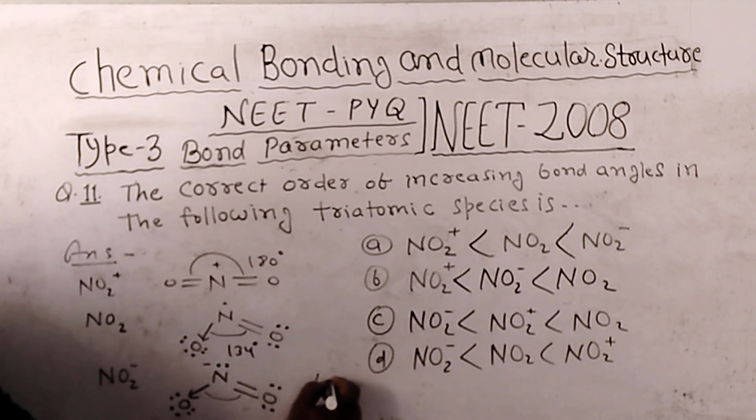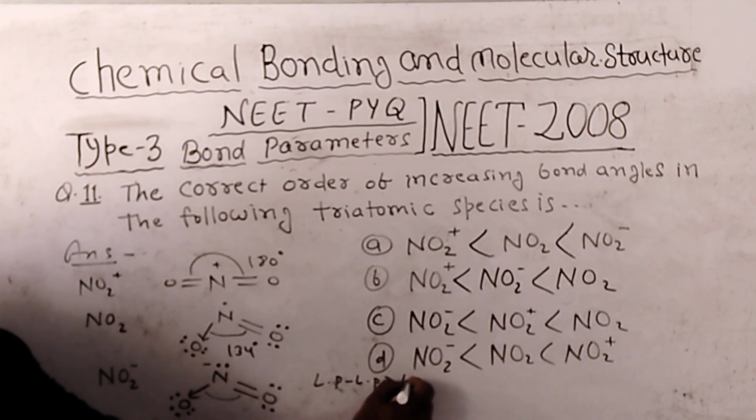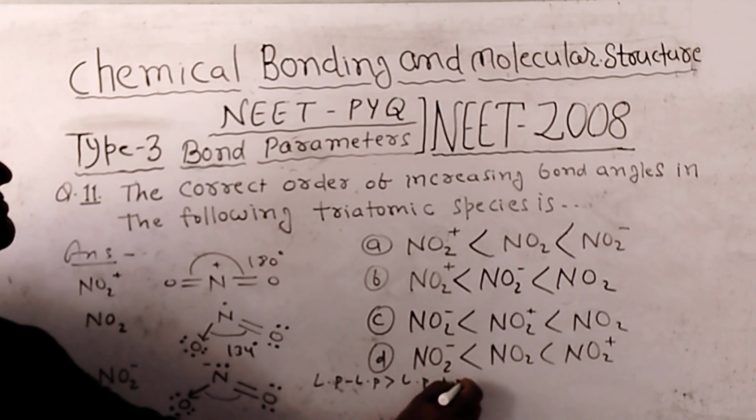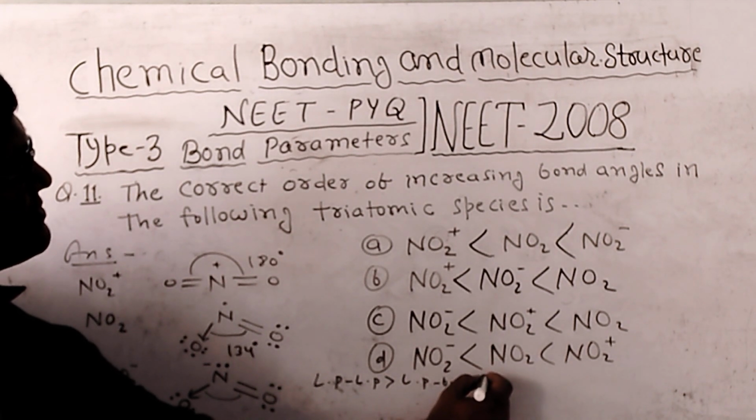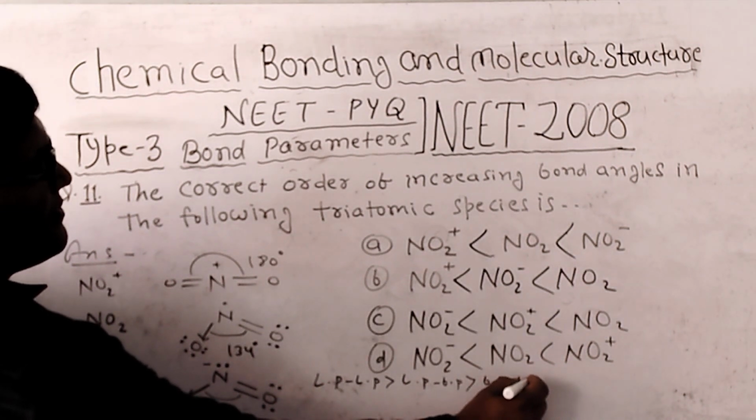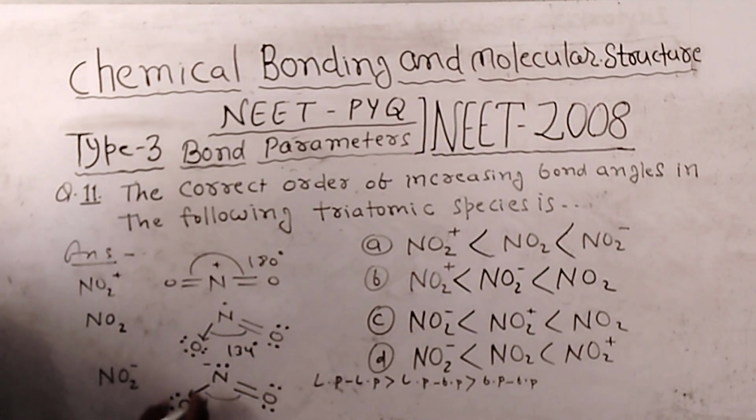From VSEPR theory, LP-LP repulsion is maximum, after that LP-BP repulsion, and minimum repulsion is BP-BP. So due to increase of electrons at the central atom, bond angle decreases. So now bond angle is 115 degree.